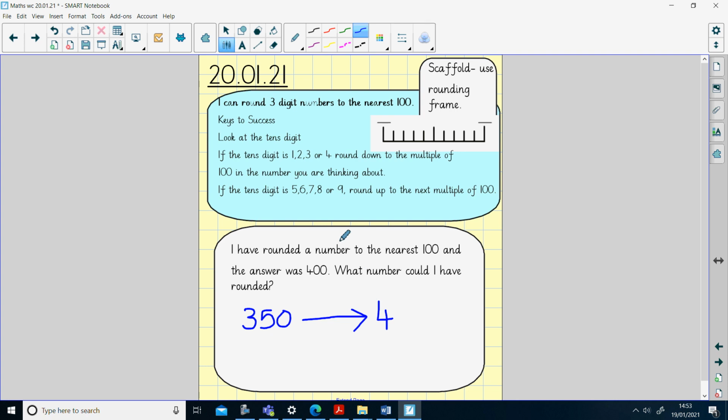So 400, I know it's got to have 4 tens to make it round down. And the biggest ones digit I can think of is 9. So 449. So anything between those numbers would round to 400. You might want to rewind to this question in a moment when we see our problem solving.